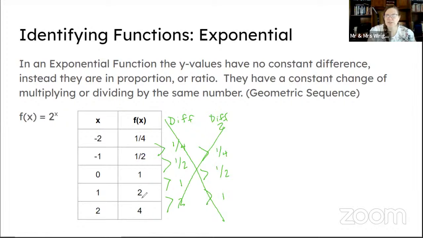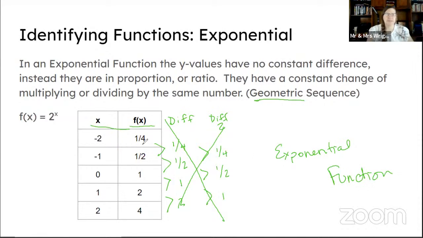You divided by 2, right? Half of 4 is 2. Half of 2 is 1. Half of 1 is 1/2. And half of a half is 1/4. So the y values are a geometric sequence, which means the relationship between the input and the output is going to be an exponential function.